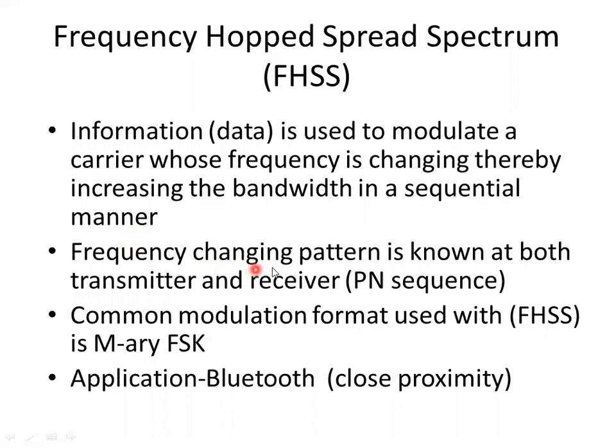And this frequency changing pattern, as the name frequency hop says, means the frequency of the carrier should keep on changing. That means the frequency should keep on hopping. And how the frequency changes, what is the pattern? This pattern should be known both at the transmitter and the receiver. And this pattern is decided by the PN sequence.